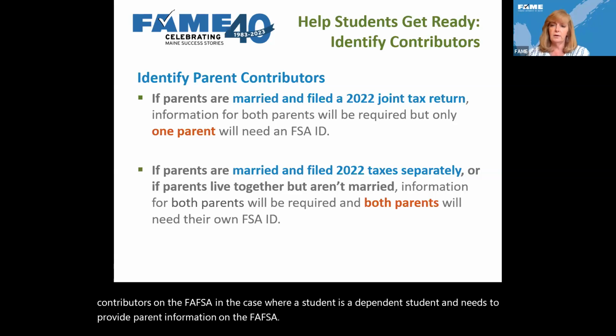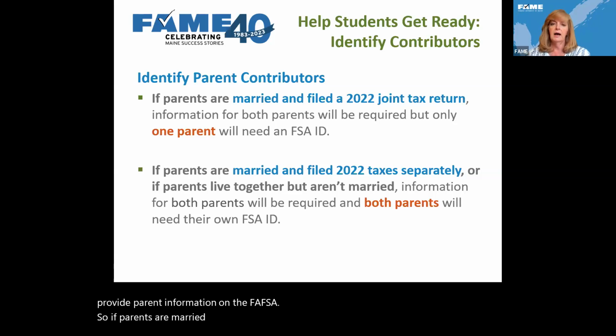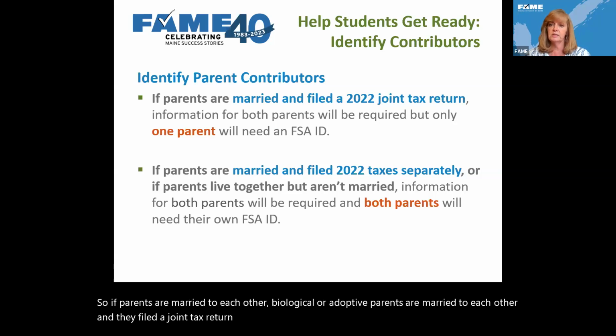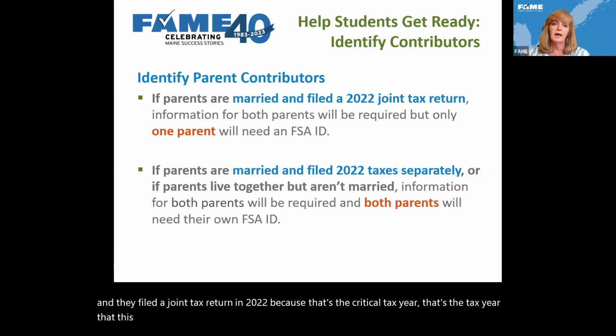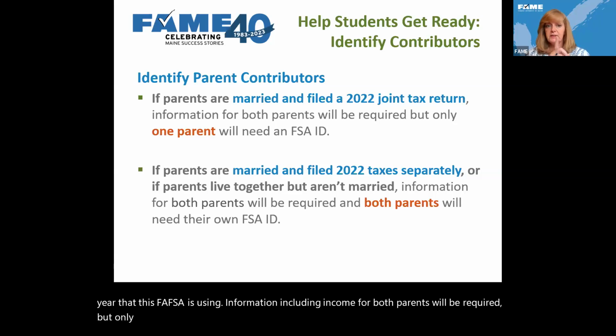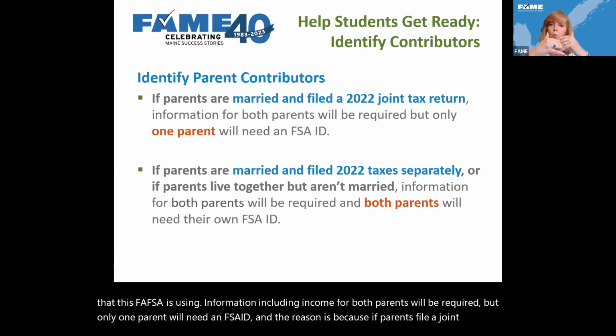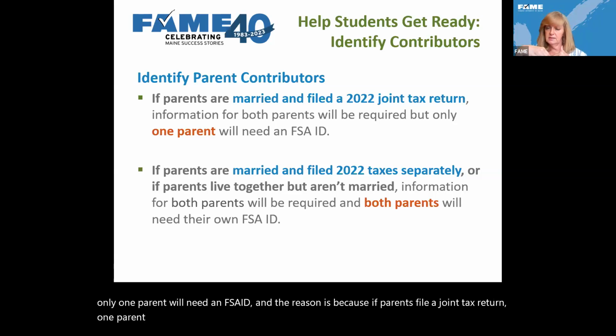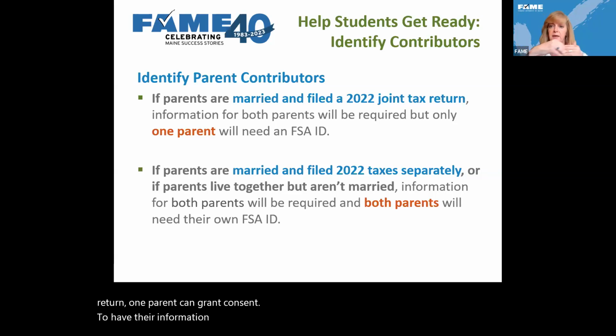If parents are married to each other, biological or adopted parents are married to each other, and they filed a joint tax return in 2022, because that's the critical tax year, that's the tax year that this FAFSA is using, information, including income for both parents, will be required, but only one parent will need an FSA ID. And the reason is because if parents file a joint tax return, one parent can grant consent to have their information shared on behalf of the other.